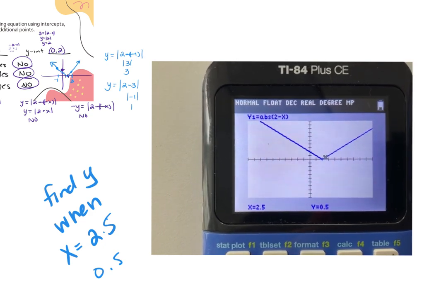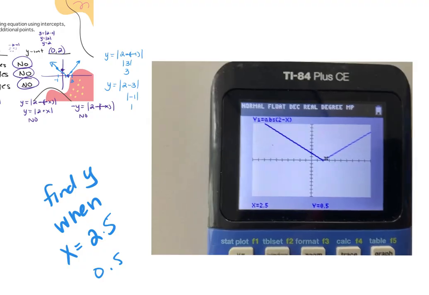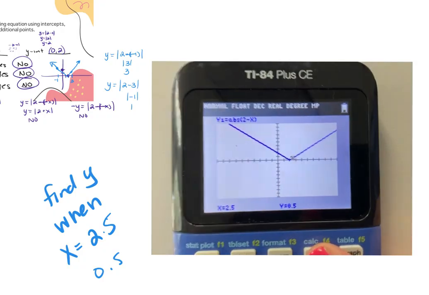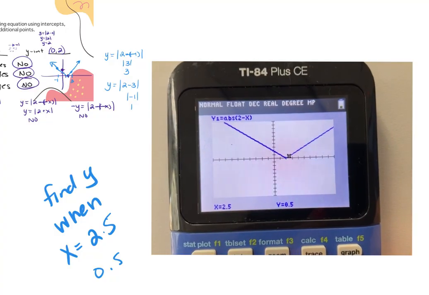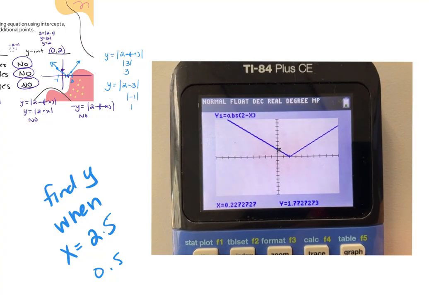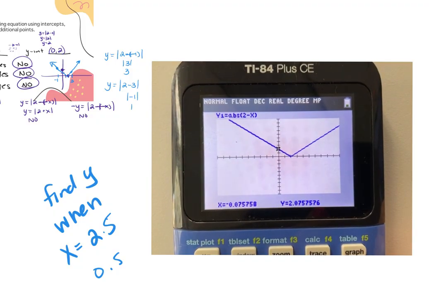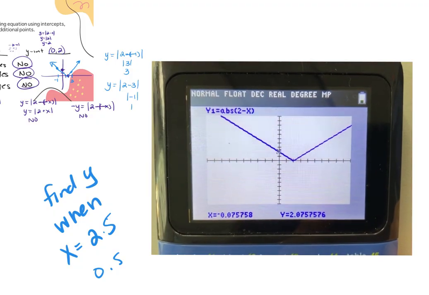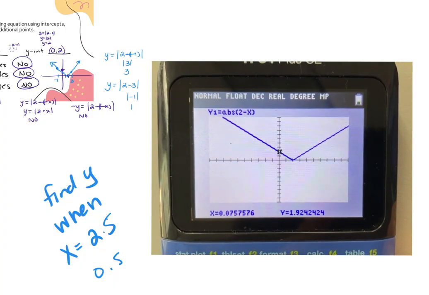We will eventually get to max, min. We will eventually get to all that stuff. The other thing it's going to ask for is your y-intercept. For that, there are 2 ways to do it, but for now we're going to trace. Okay? I hit trace, and I'm looking for where my x is 0. And look, it doesn't happen perfectly. There it's negative 0.07. There it's positive 0.07.